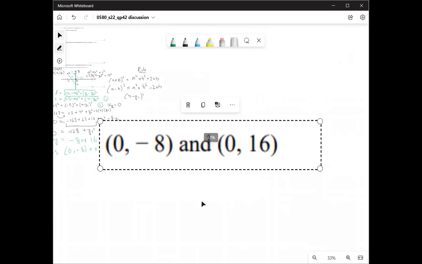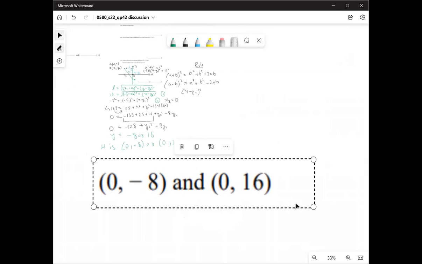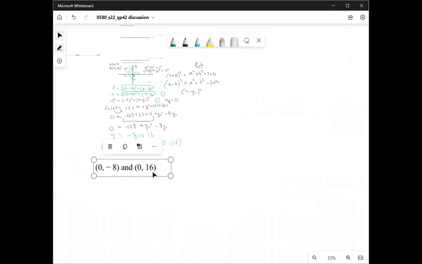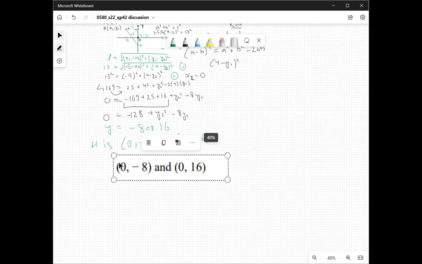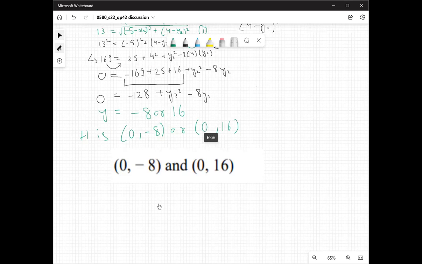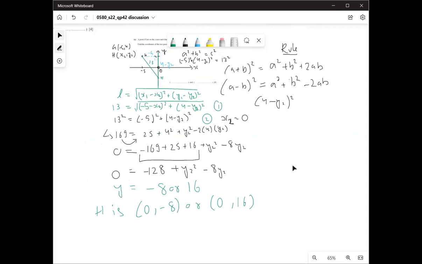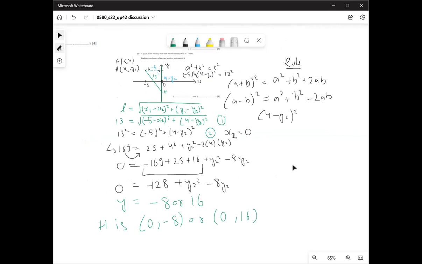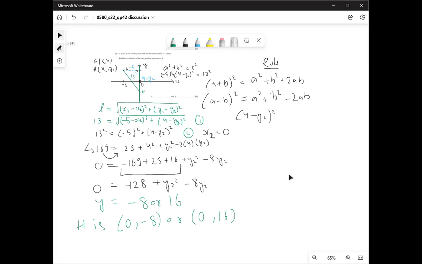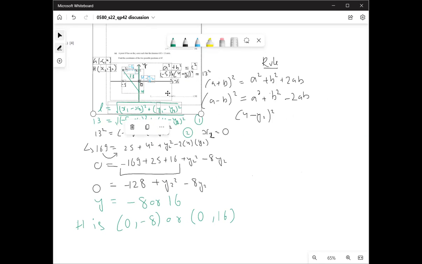This is the answer. Wait, I thought it was 0, 19. Right? That's the answer. Now, I want you to talk to me on how we solve this equation. We can try solving it again if you have a problem.